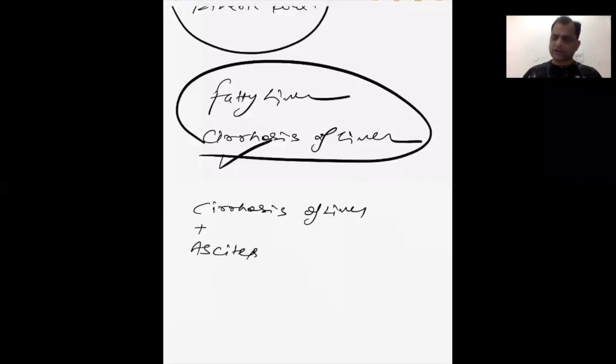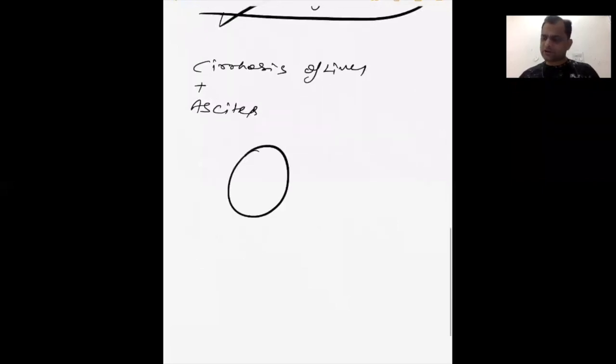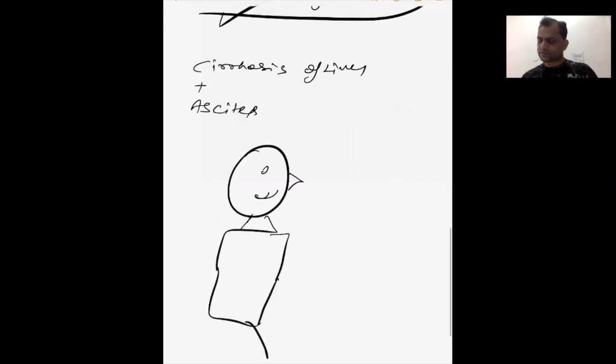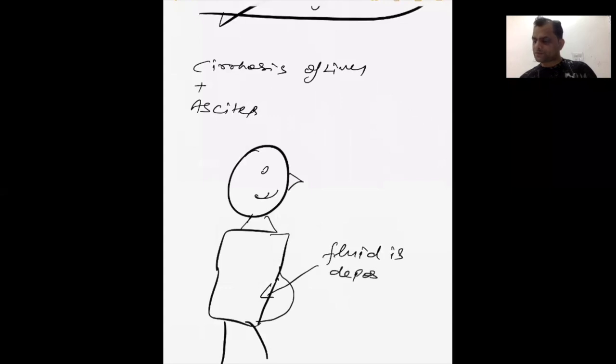The meaning of ascites is, if this is the patient, the belly is bulging out and fluid is depositing in the belly because the liver is leaking out.